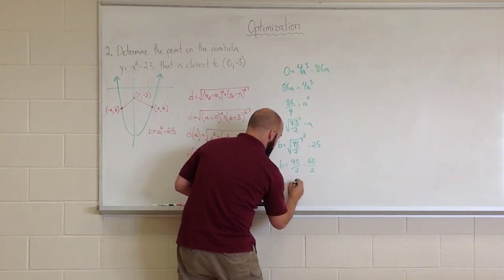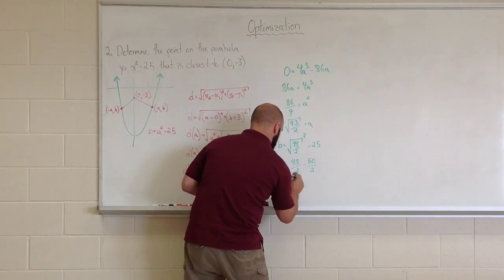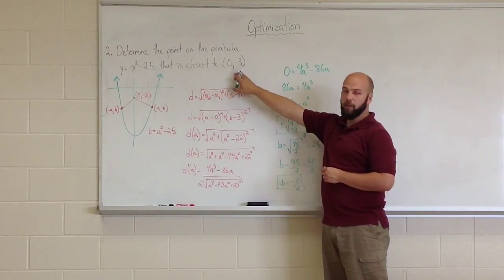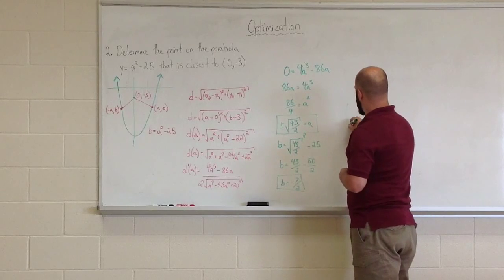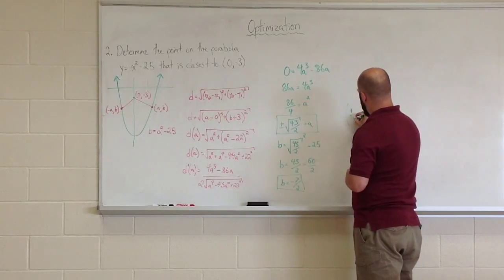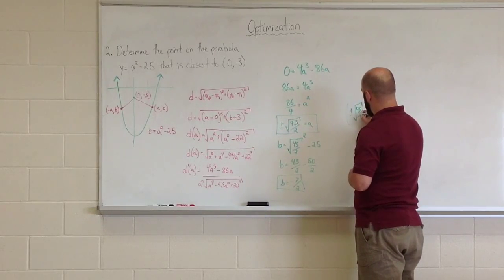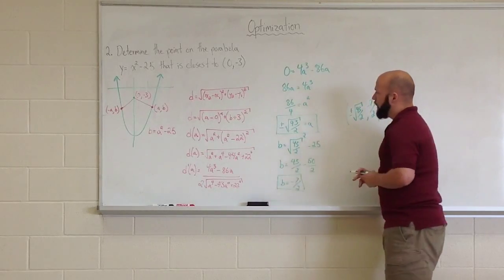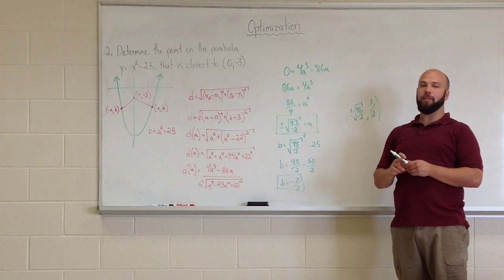So b is negative 7 over 2. And we now see that the point closest to (0, negative 3) is plus or minus the square root of 43 over 2, negative 7 over 2. And that's a second example of an optimization problem.